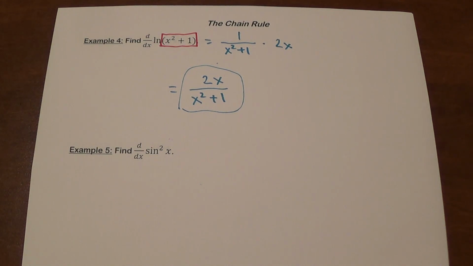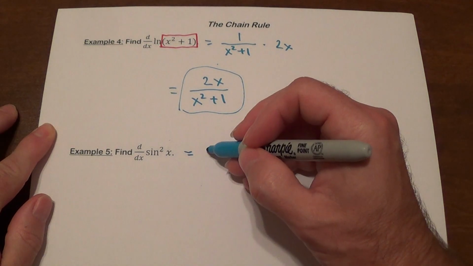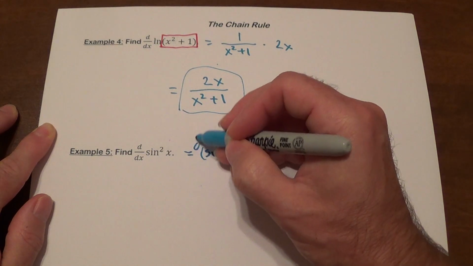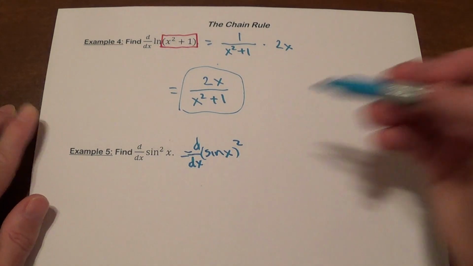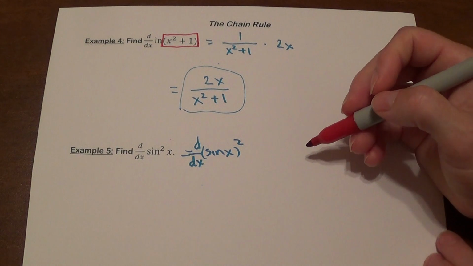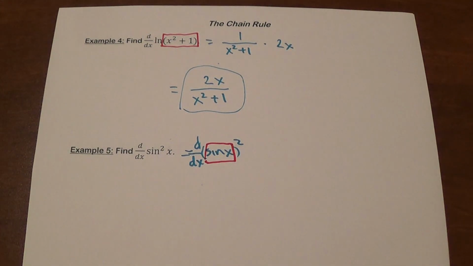So we need to rewrite that to make sure we correctly understand the setup here. What we have here is sine x squared, and we're trying to do d over dx here. What that means is, if you are looking at this very carefully, you should realize that sine x is the inside function here, and then the square is going to be our outside function.